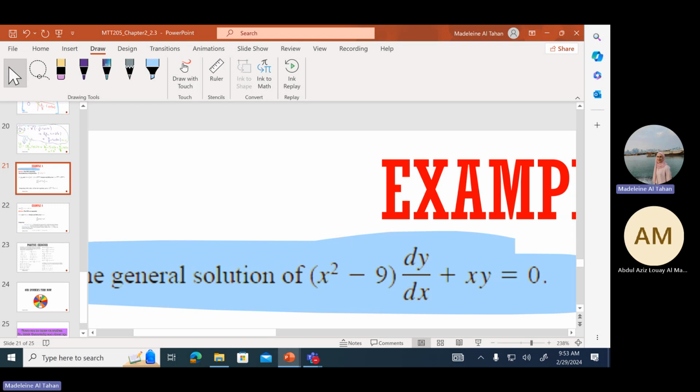Okay, during this time, I will take attendance. After you finish each part, check with your colleague if, let's say, the integrating factor you got is the same, and so on.